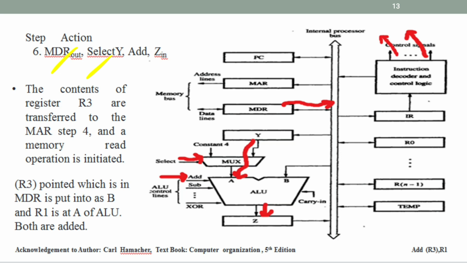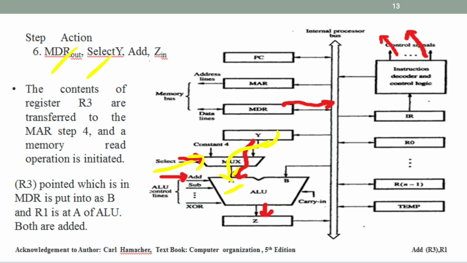Memory is slower; it takes time to put that onto the data lines of the memory. So this select Y is given to the mux. Whatever is in the Y register, it will select, which means it will come at the output of the multiplexer, that is, to the A input of the ALU.